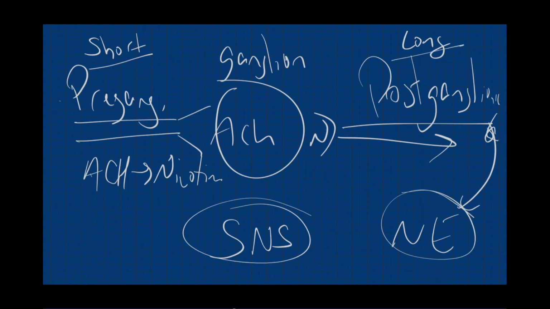Why is the preganglionic in a sympathetic nervous system short? Where does it have to go to? Where is the ganglion that it goes to? Right next to the spinal cord. So it's a short nerve, it doesn't have to go very long. But then after the ganglion, there's a long nerve, and I'll show you this picture here.